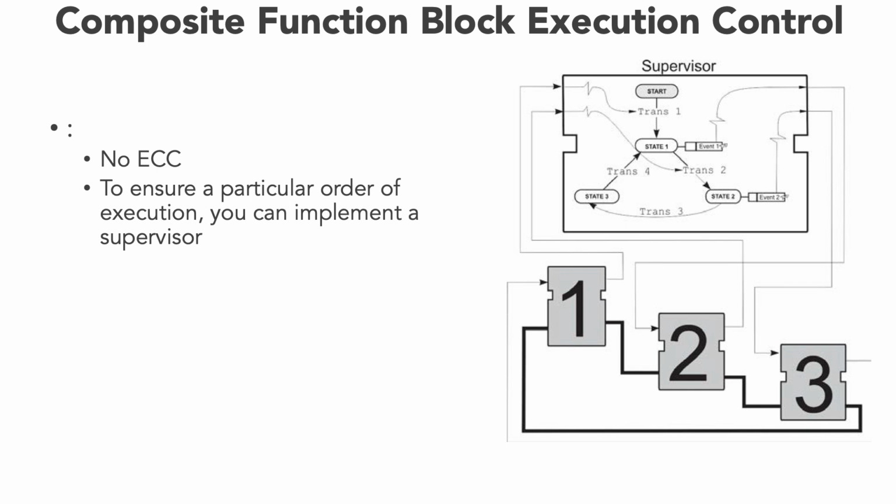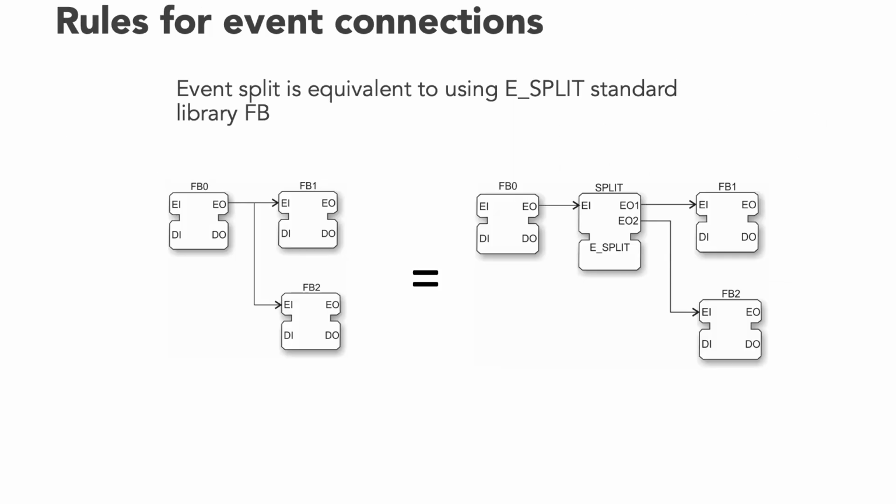So we see that inside the composite function block, there are function block instances which are connected with event and data connections. So what are the rules for event connections? If we want to split an event, it's allowed to draw it like that.